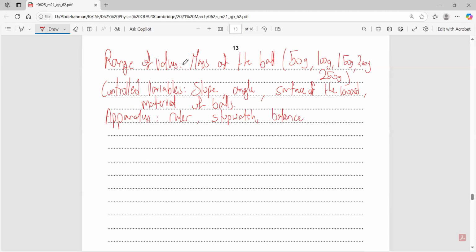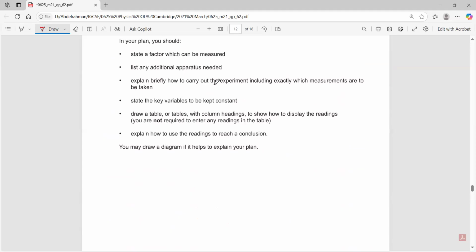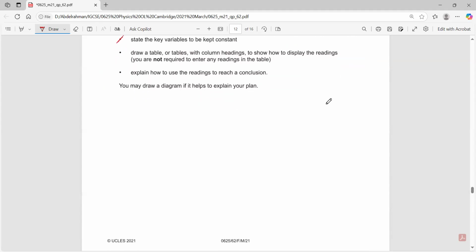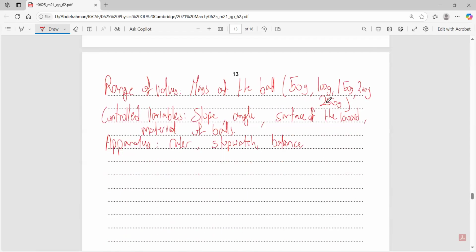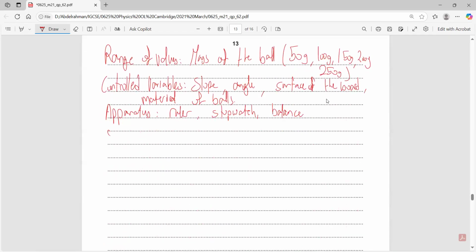Again, let's check the points. So we stated the factor, we wrote down any additional apparatuses, the key variables. We need to state how we can conduct this experiment, a table, and then the conclusion. You may draw a diagram if you want. Steps.